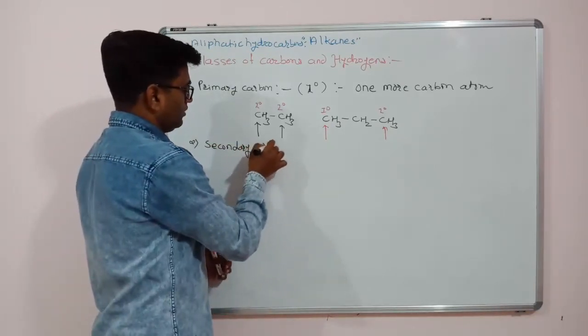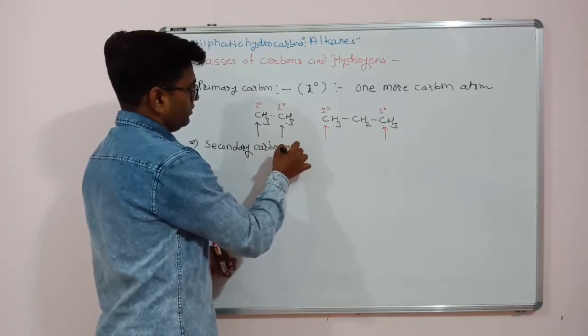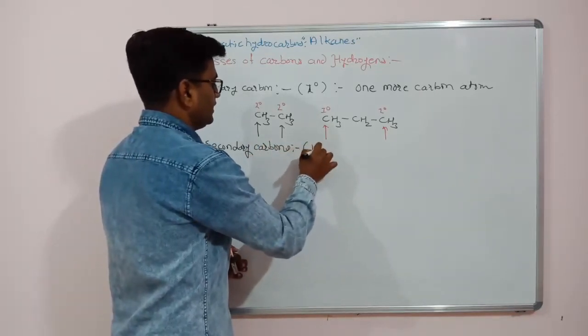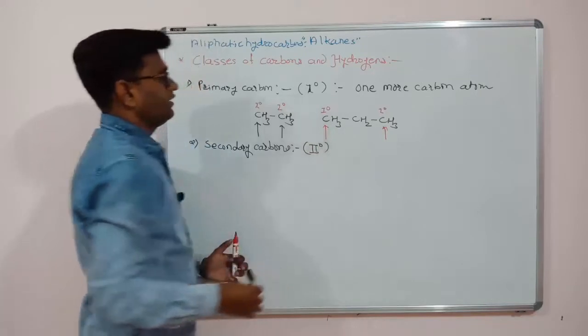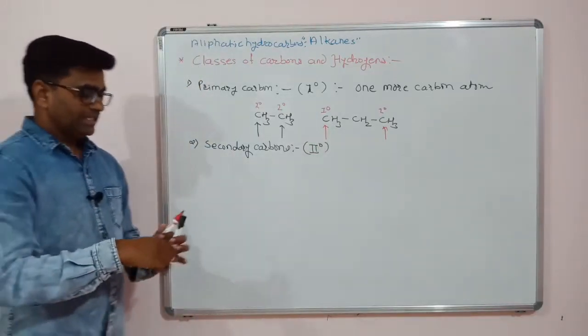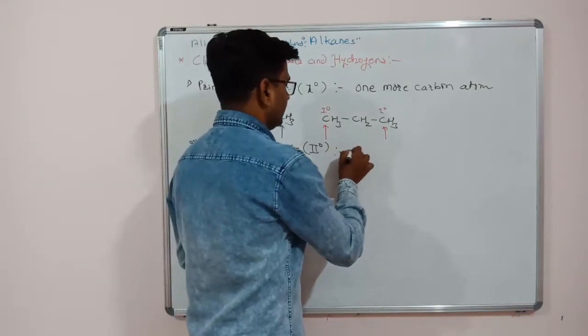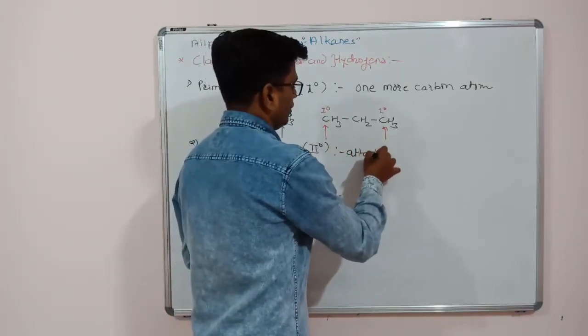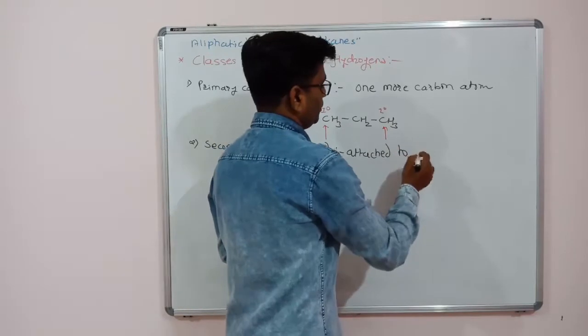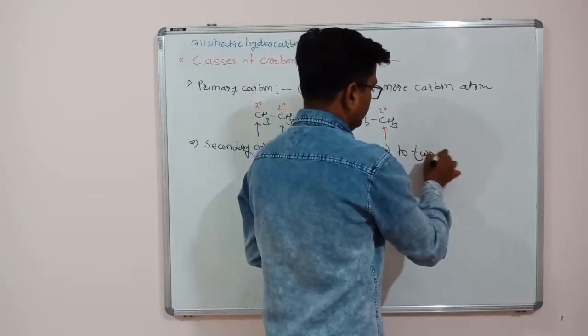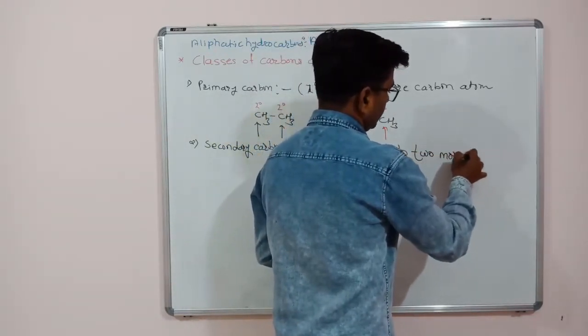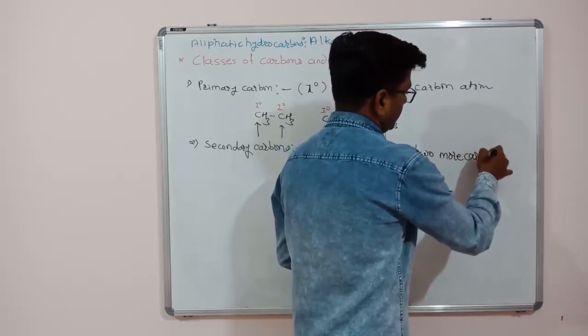Secondary carbons. So these are shown like this, secondary carbons. Friends, secondary carbon atoms means the carbon atoms which are attached to two more carbon atoms.